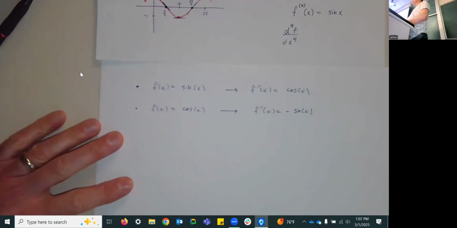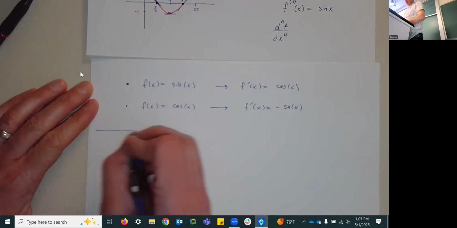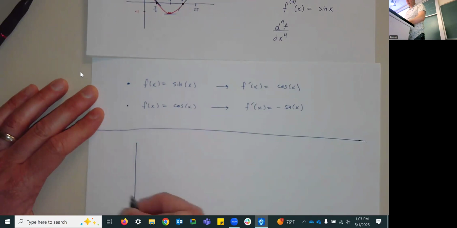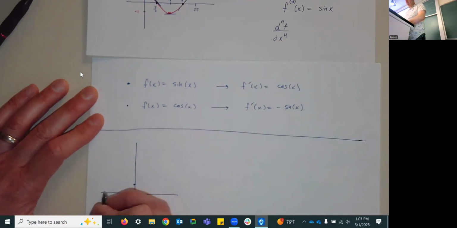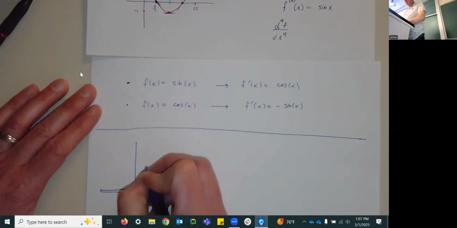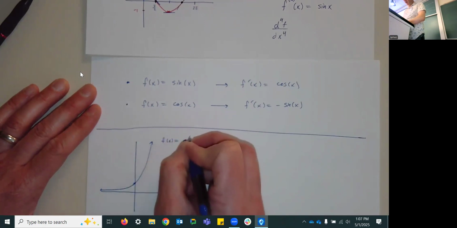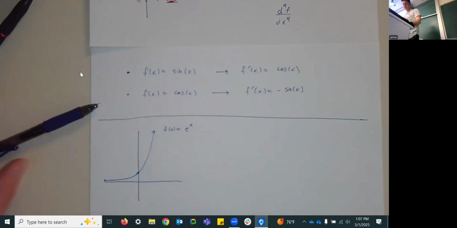There's also one other function that we want to throw in along with the rest of these, which is e to the x. We're going to graph this one as well. So here's a pretty decent approximation of the graph of e to the x. And here's what's interesting about this graph.